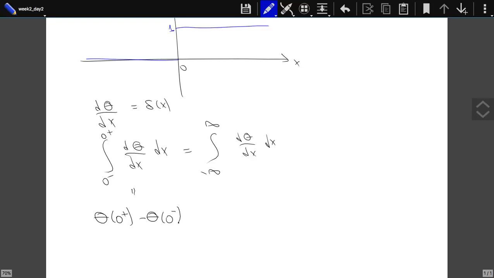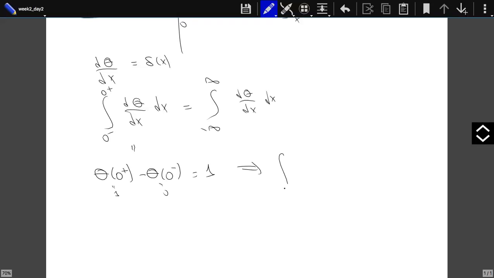What's the value of theta at 0 plus? To the right of 0, for values larger than 0, its value is 1. To the left of 0, what's its value? 0. So this is 1, this is 0. So this is equal to 1.